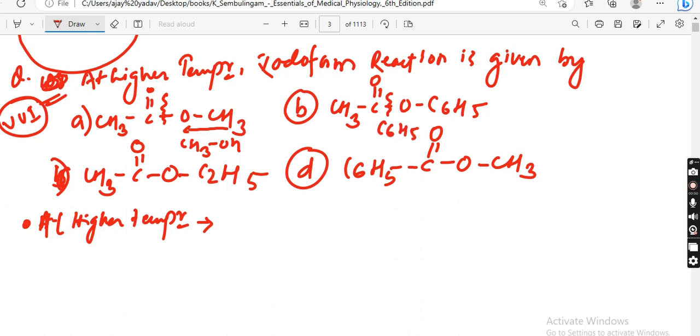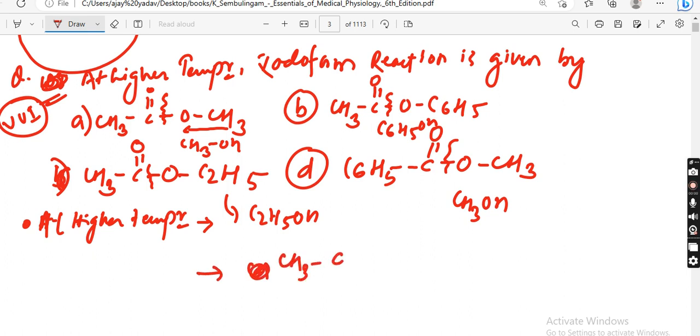This will give you C2H5OH, and this one will give CH3OH. The iodoform test is given by the CH3C=O group or the CH3CHOH group, right?